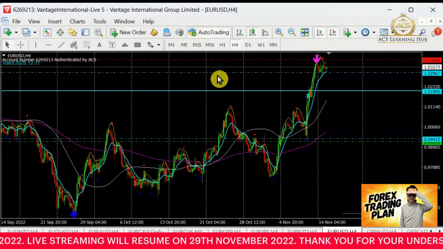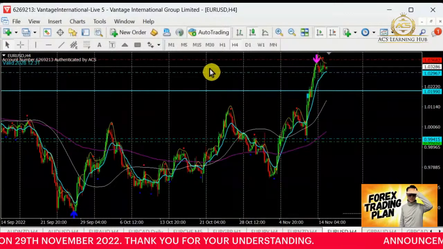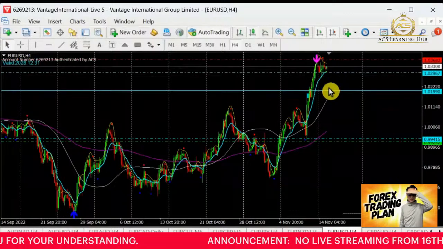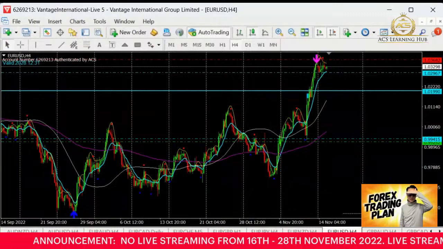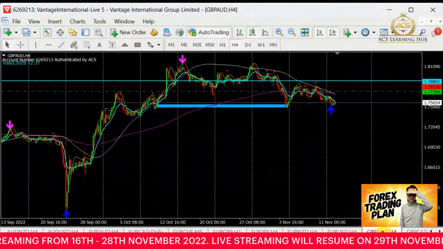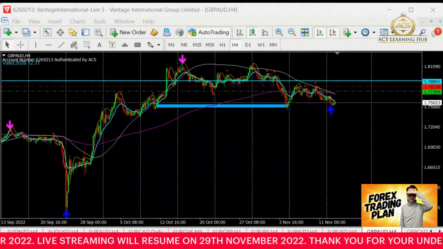Sell, right? Unless it comes in and breaks the support over here to go into the selling. Then yes, I will go for a selling. All right, so let's move on. I'm going to put Euro Dollar into my watch list. There may be a good chance there.